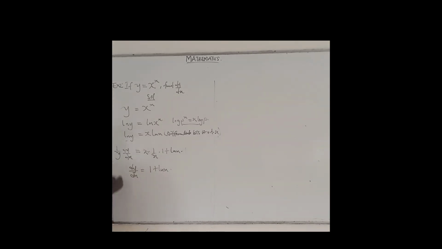Is that clear? So therefore, the next thing is what? You make dy/ds the subject of the formula. So dy/ds will be equal to y times (1 plus ln s).